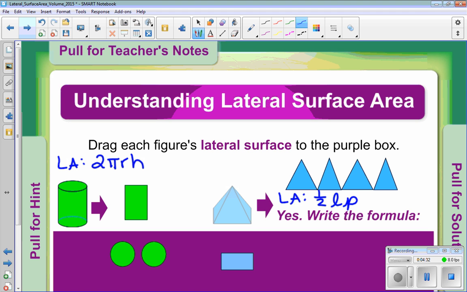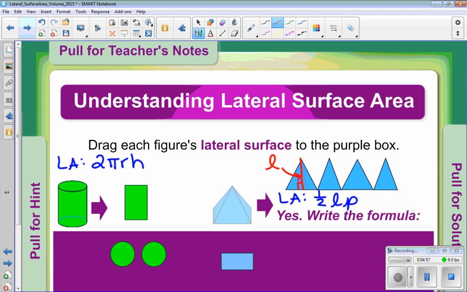Slant height. So it's going to literally be this right here, is it not? That's the slant height, because in a pyramid, it's slanted. They go to the vertex, and it's the height of the triangle. So we'll draw that face separately. What's lowercase p?